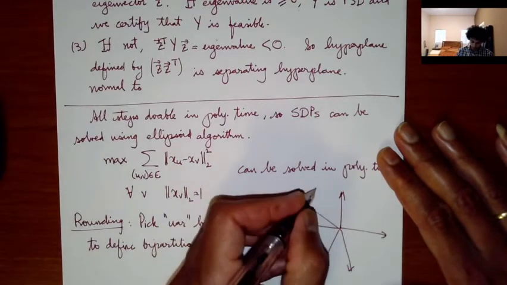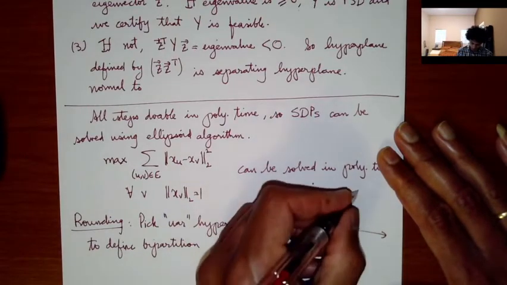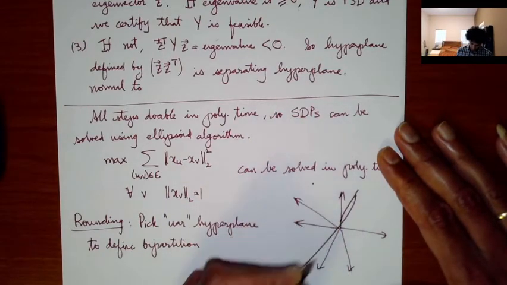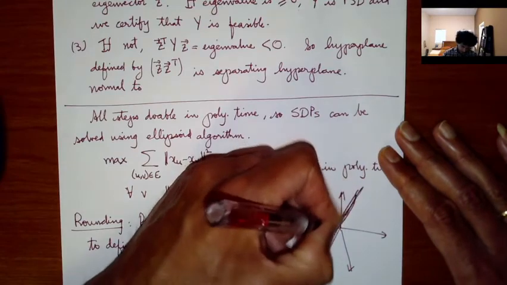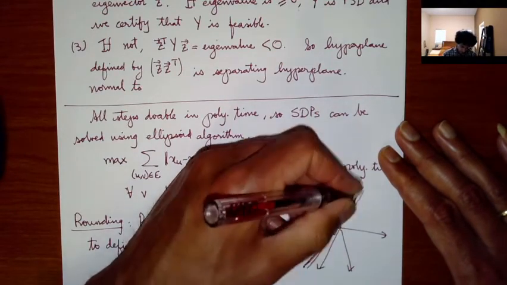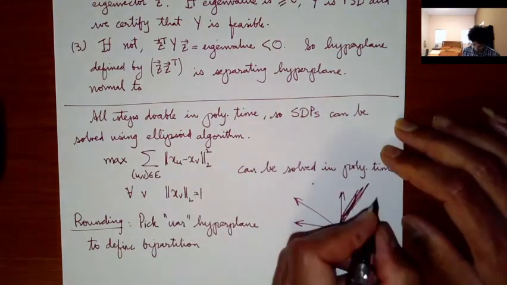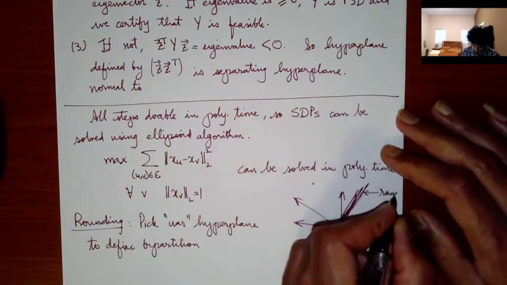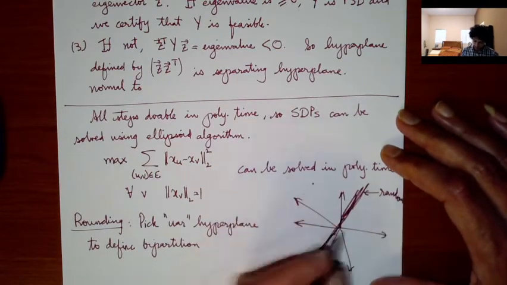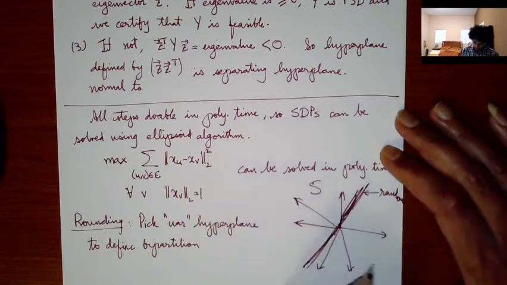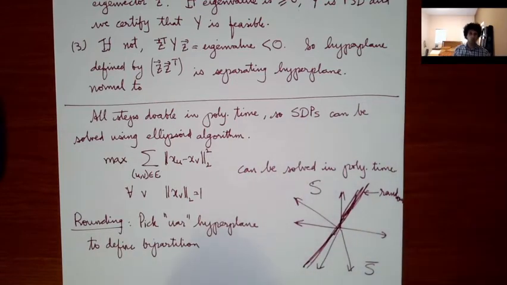So you just choose a random hyperplane. Here's my random hyperplane. And everything on one side we'll say is S and the other side is S complement. This is how we're going to round it. We're just going to choose a random plane to cut.